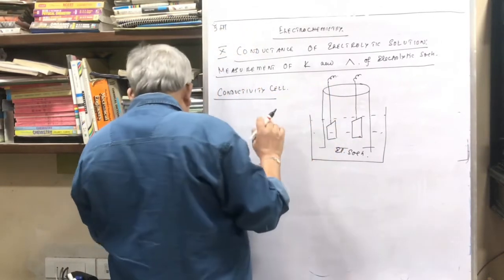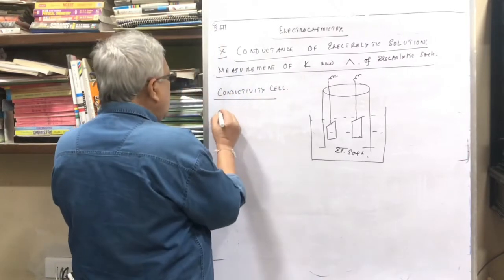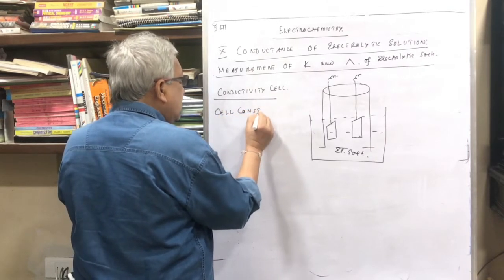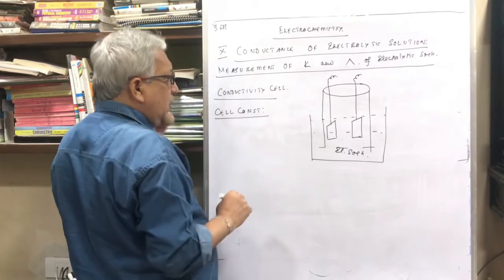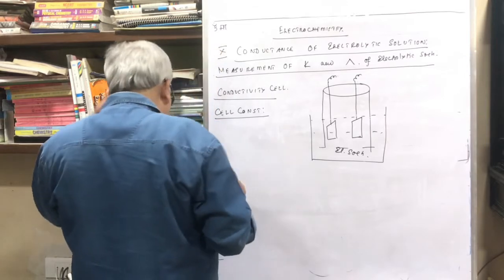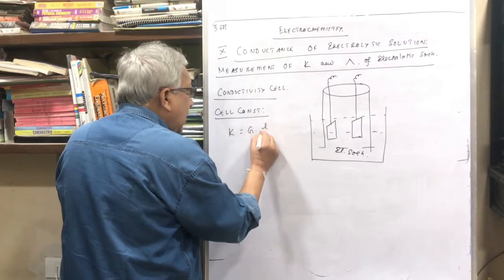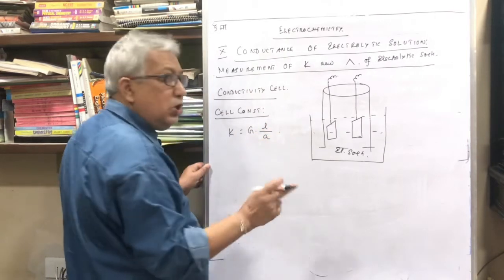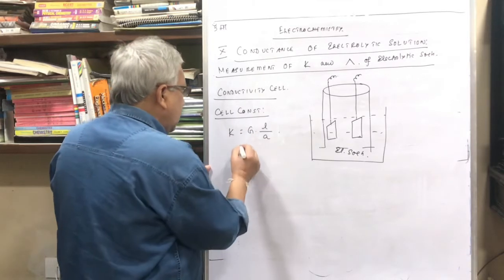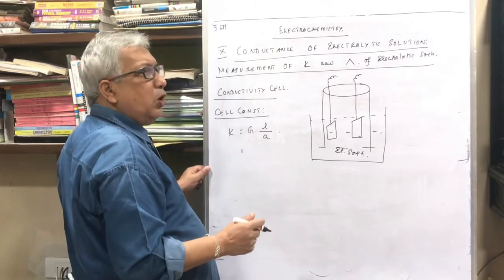And when you do this, for this conductivity cell, one important thing that is required is the cell constant. Now what is cell constant? Let us understand cell constant. You will be knowing that K is equal to G into L upon A. But what is G? G is equal to 1 upon R, that is, conductance is the reciprocal of resistance.